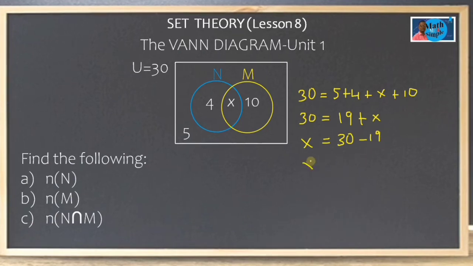So X equals 30 minus 19, which is 11. So the value of X is 11. At this intersection, we have 11 members.